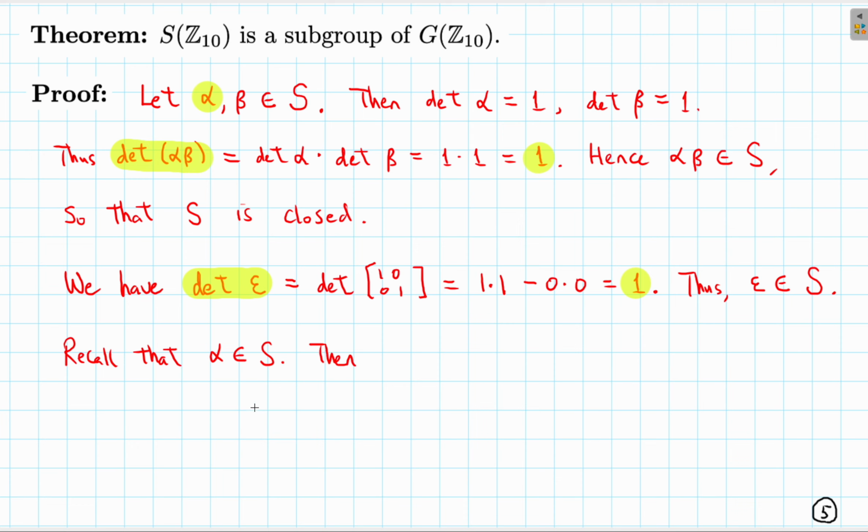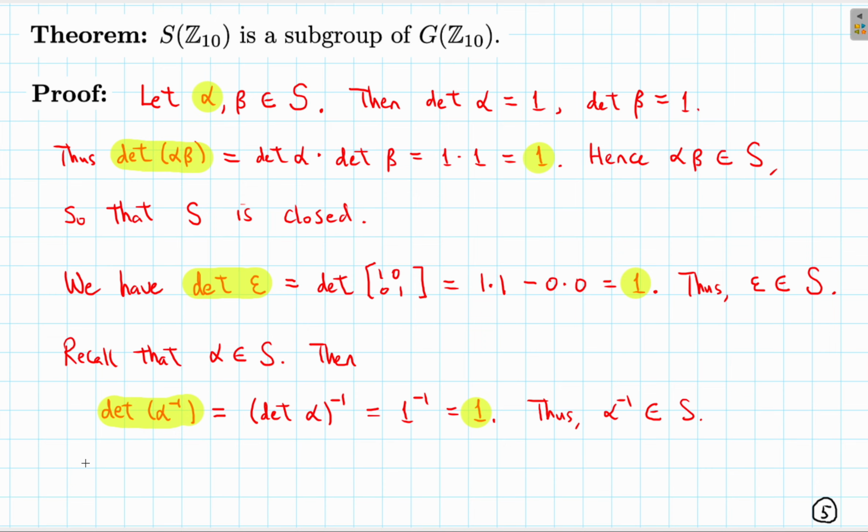Then we have, again, we want to show that alpha inverse is in S, so let's compute its determinant. And so that's the inverse of the determinant, which is 1 inverse, which is equal to 1. And so we just showed that the determinant of alpha inverse is equal to 1, and thus we can say that alpha inverse is also in S. And that's the proof.